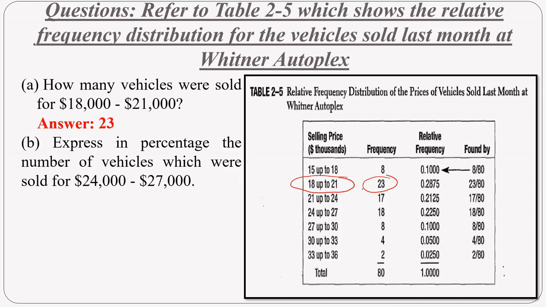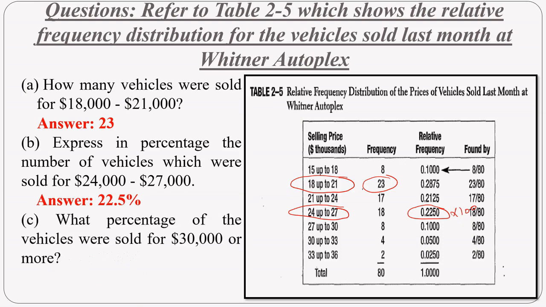The number of vehicles which were 24,000 to 27,000. See here. So, you can see the relative frequency. Relative frequency is 0.2250. With this, we need to multiply by 100. So, if you multiply by 100, it will be 22.5 percentage.